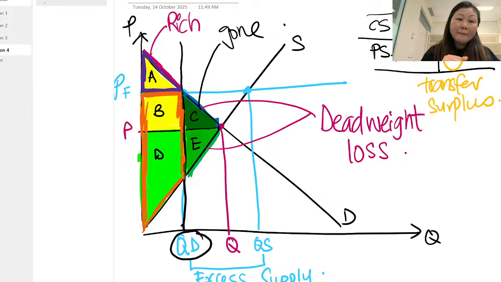The lucky farmers, on the other hand, at the price floor, can get sector B, which was a transfer from consumers to producers, plus D. And these are the efficient producers.